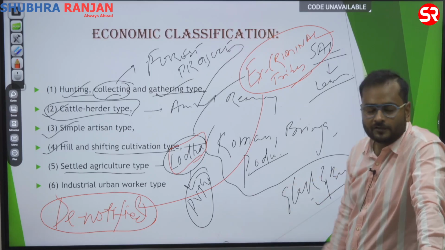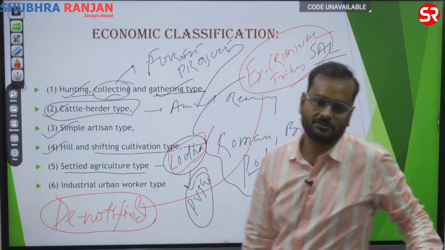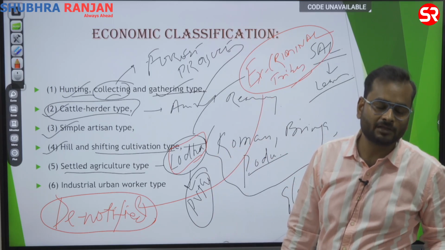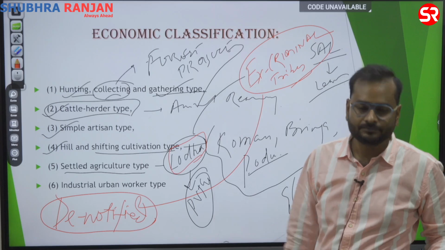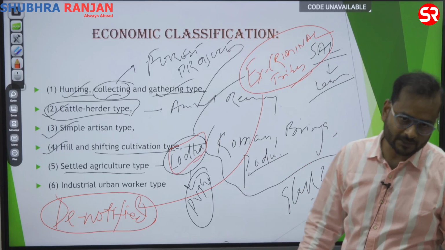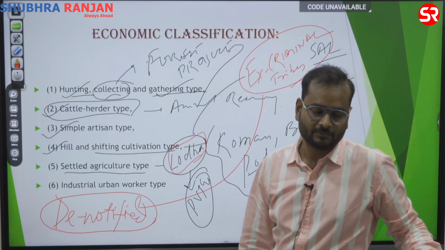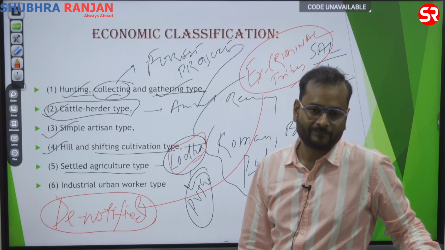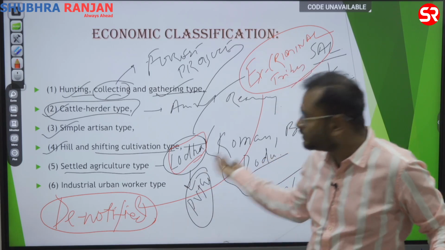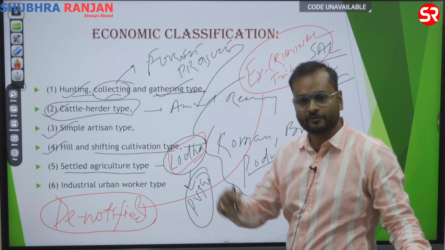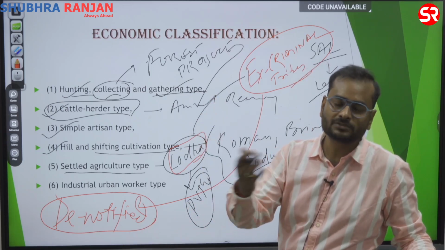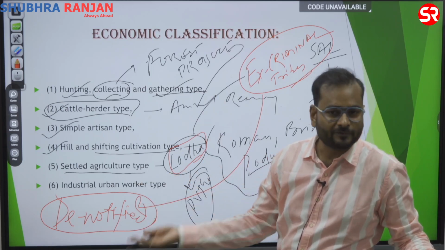Even though they were denotified, they were subject to social ostracization. Let us say a member from the Lodha tribe is prosecuted for a certain crime. A certain kind of suspicion is already cast upon these tribes, that they were once upon a time a criminal tribe, and due to those kinds of activities they would be doing the same offense again.